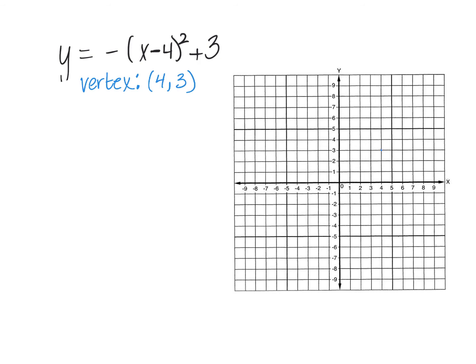It's positive 4, positive 3. Put it on there, and I'm going to draw my axis of symmetry. And we're going to make our table. The vertex 4, 3 is going to go in the middle. What numbers am I going to choose?